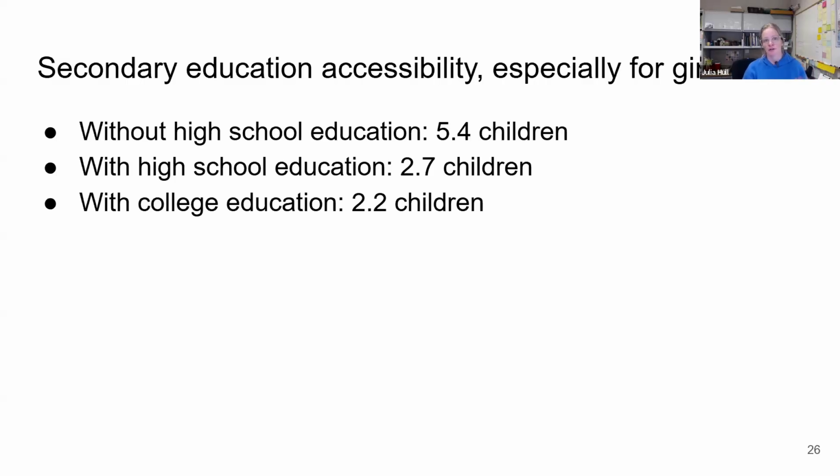The more education women and girls have, the fewer kids they tend to have. Without a high school education, on average, globally, women have 5.4 kids. That's their fertility rate. But with a college education, it's globally near that replacement value of 2.2. So we're pretty close.